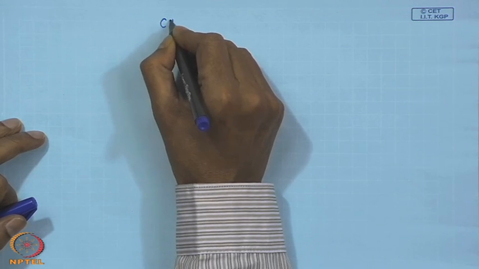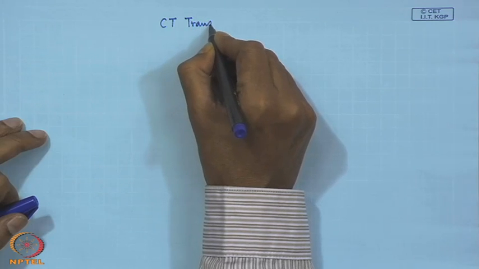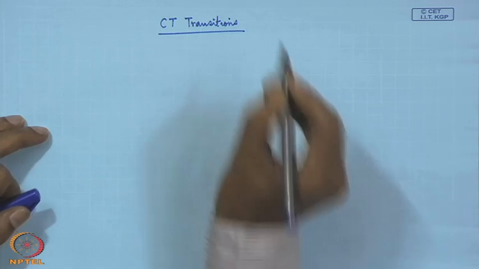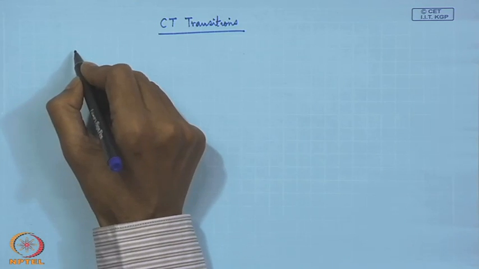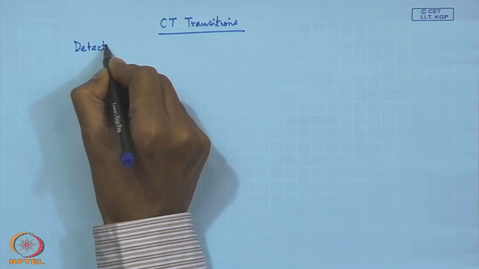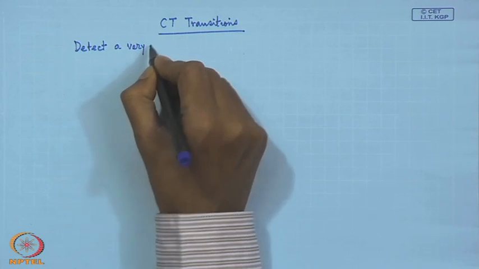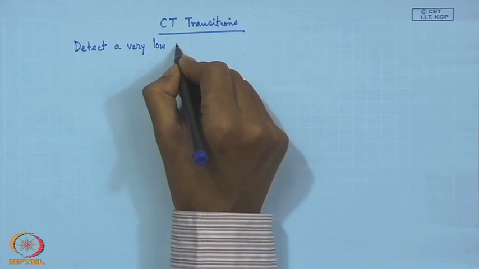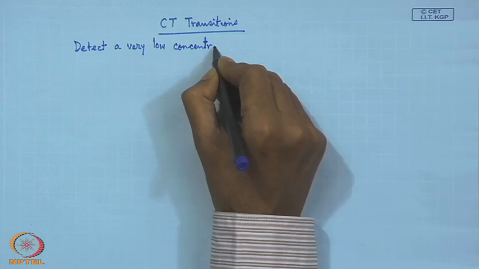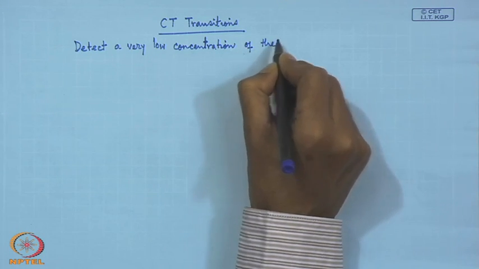So how do we handle CT transitions, and it can detect a very low concentration of the analyte.